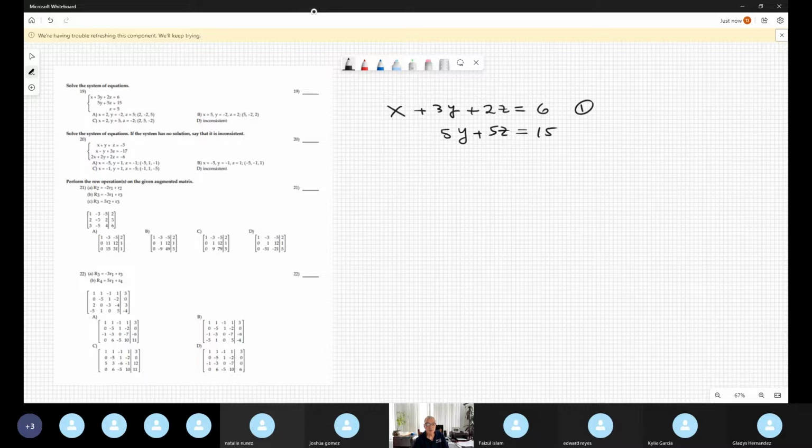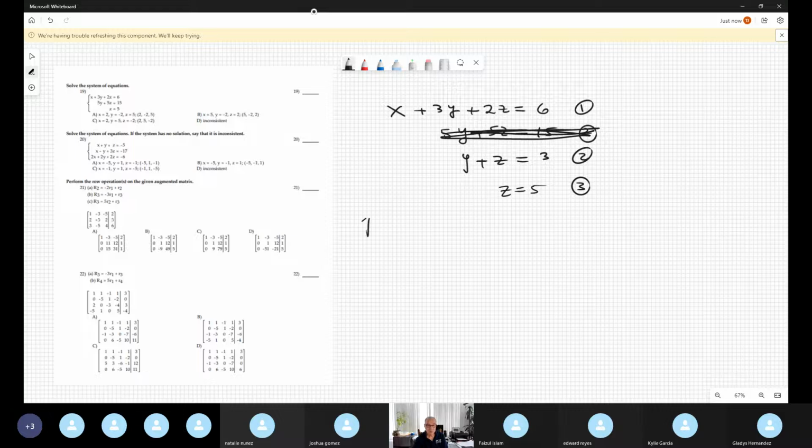By the way, you can divide it by 5, and you convert this equation in an easy way: y plus z equals 3. It's equivalent. And forget about this. And z is 5. It's equation 3.